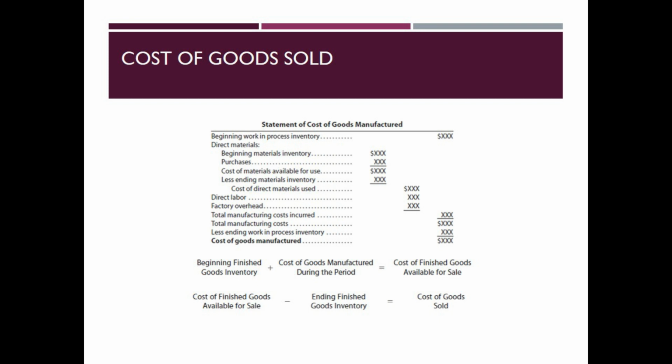This statement also serves as your formula in computing the cost of goods sold and any other parts of the specific statement, because if you are able to understand and memorize this, then it will not be hard for you to work back when there are amounts that need to be computed.